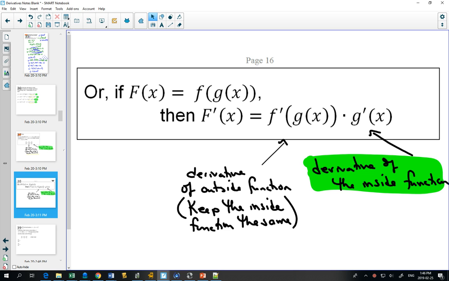But can you deal with simple rules when you have complex situations? When you're dealing with complex-looking functions, can you keep your data straight, what's inside, what's outside, and do the derivative as you go?